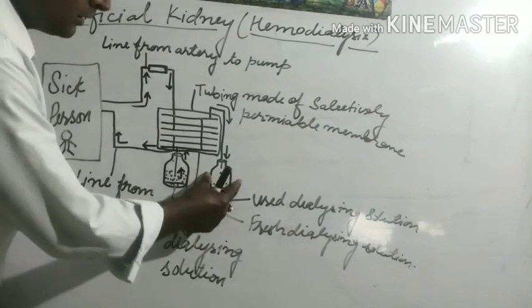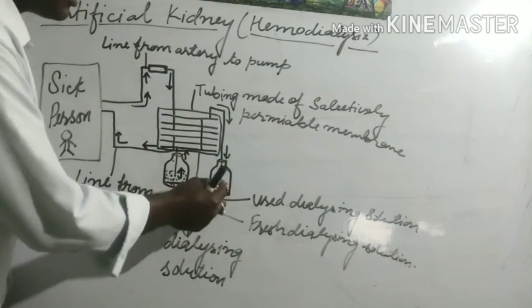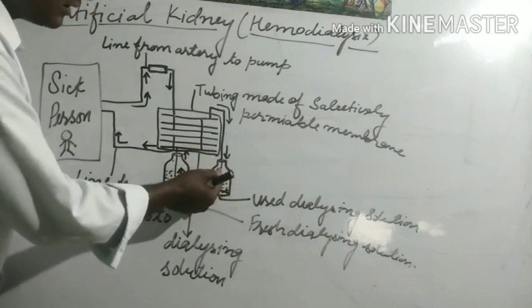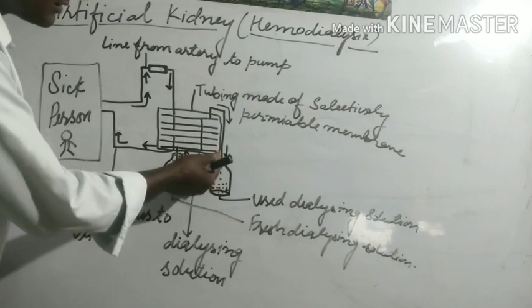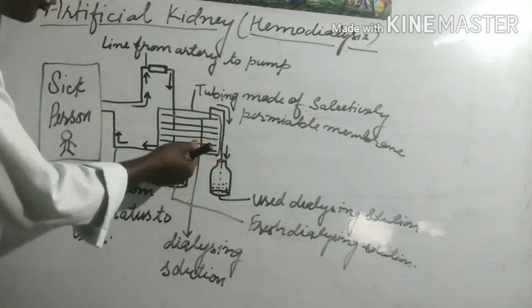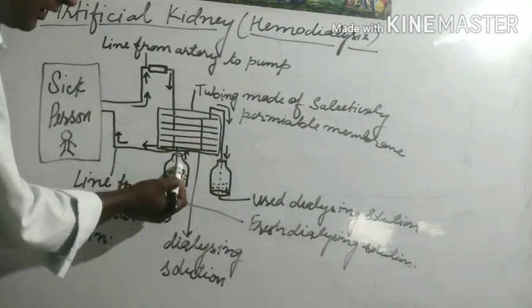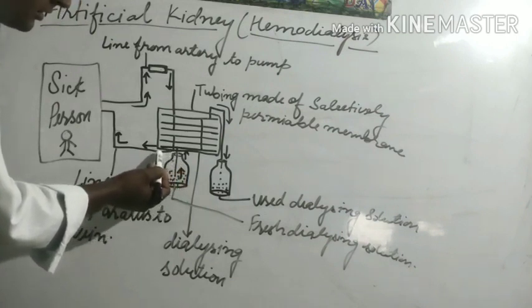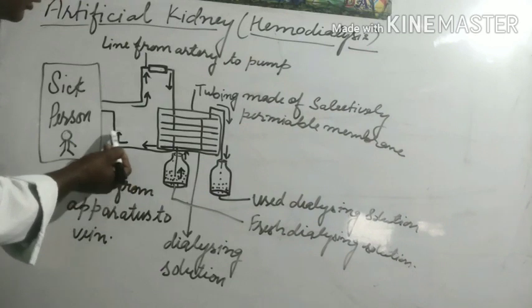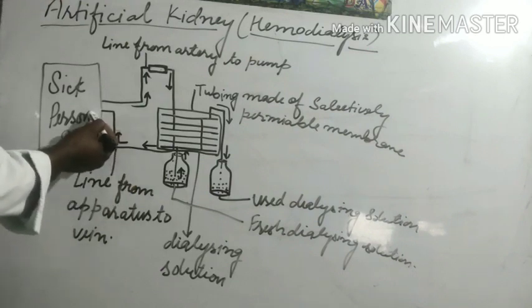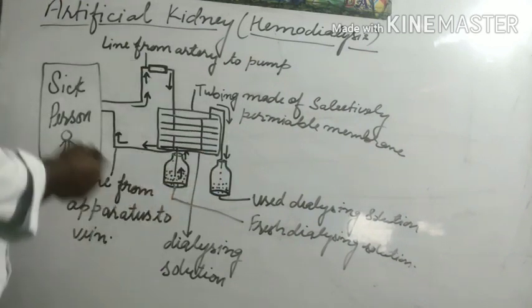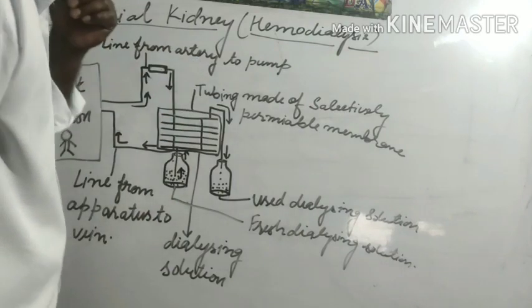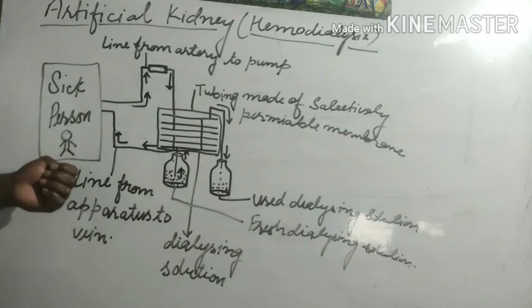After that, a pressure is created in these tubes, due to which the filtered blood passes through these tubes, and from here it is transported via this tube through the veins back into the body, and in this way the blood is filtered periodically and the treatment is possible.